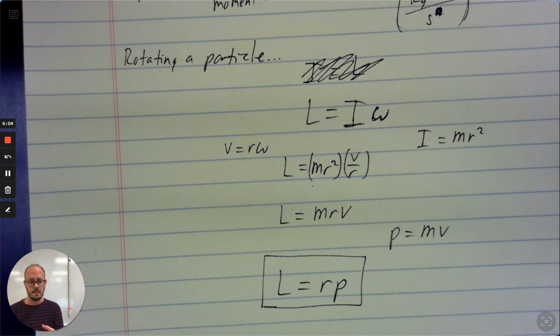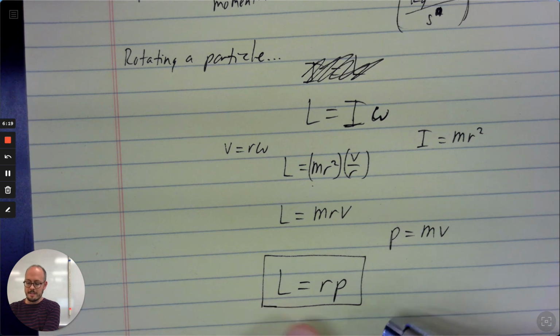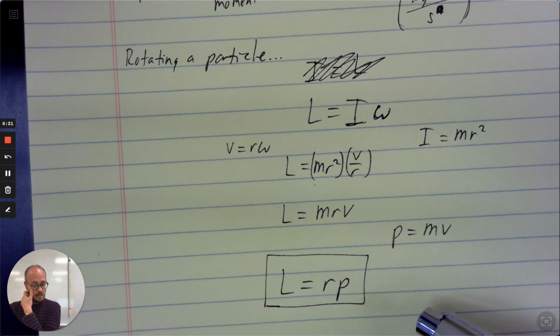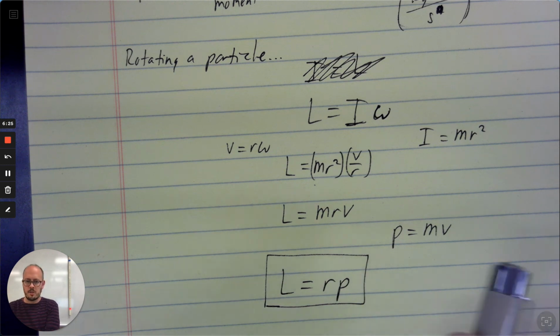For that instant, it's part of the system of the bat and the ball that are both rotating around the axis. That's maybe the batter's shoulders or wrists, depending on what he's doing with the bat. And so angular momentum can be in terms of a single particle. As long as there is some kind of excuse for rotation to be involved, you can use this definition for angular momentum. And so we will explore a lot more about that in class.